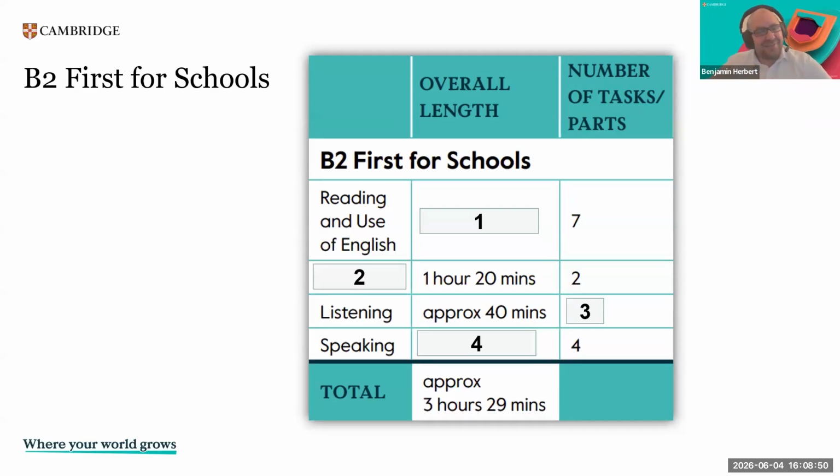So can anyone tell me in the chat how long is the reading and use of English paper? We can see here that there are 7 parts to it, but how much time do candidates get for it? Please let me know in the chat box.